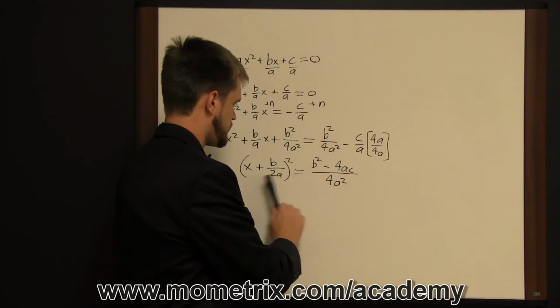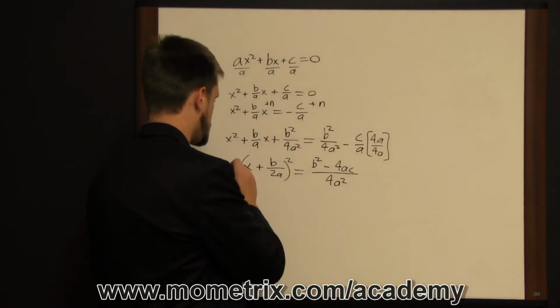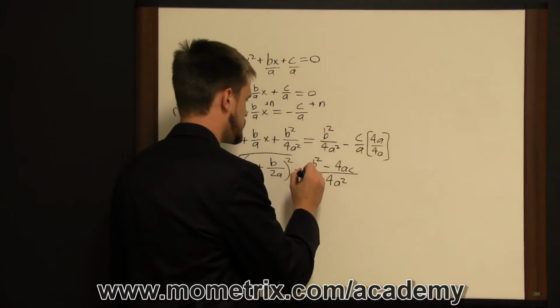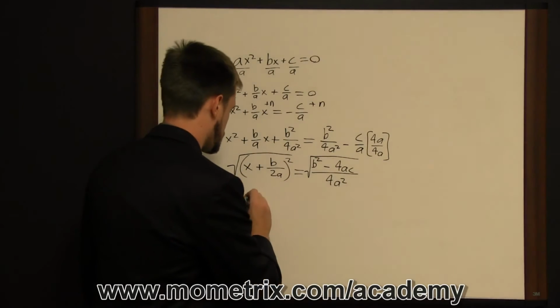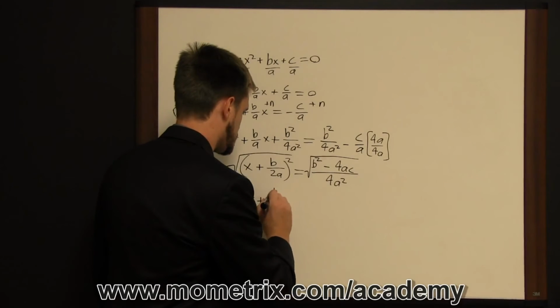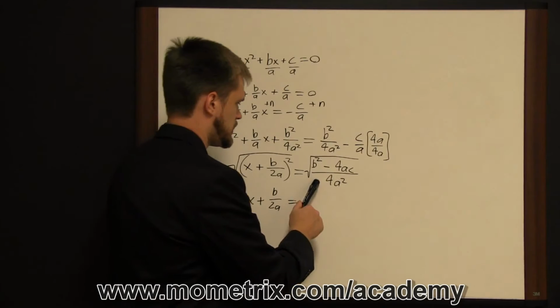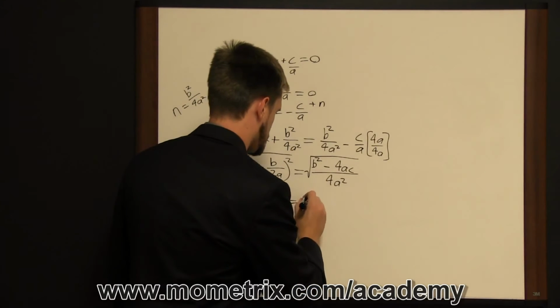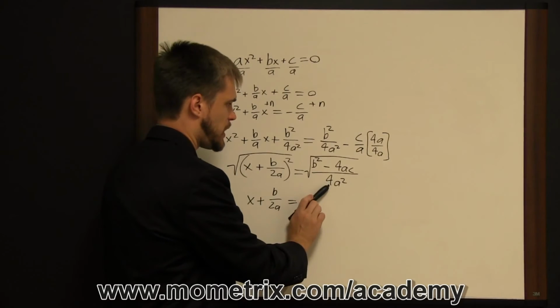So now we have just a single term on both sides of the equation, so we can go ahead and take the square root of both sides. On this side, it will give us x plus b over 2a, and on this side, we can't take the square root of the top directly, but we can take the square root of the bottom.